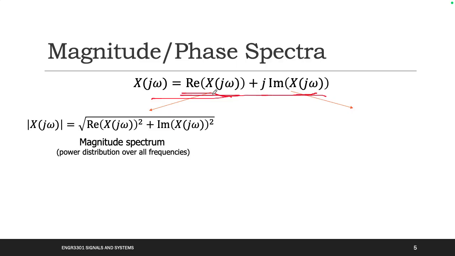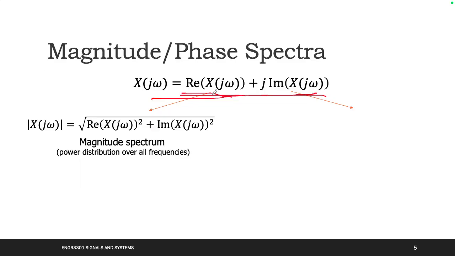Then we call it the magnitude spectrum, and this is just a power distribution over all frequencies. Why all frequencies? Do you remember? I just talked about that.